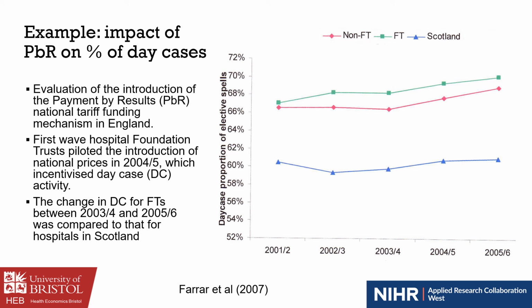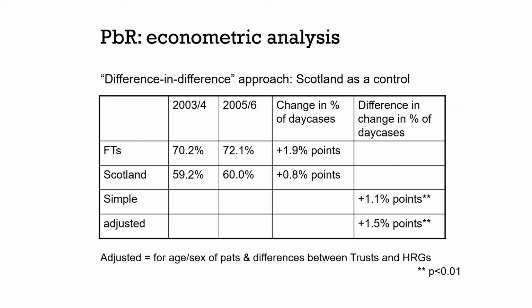The change in day case rate for foundation trusts between 2003-04 and 2005-06, pre and post change in funding mechanism, was compared to that for hospitals in Scotland, which did not change their funding arrangements.